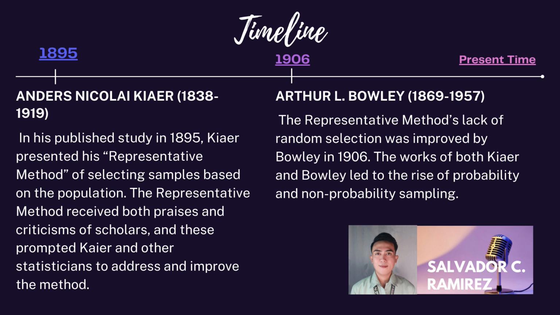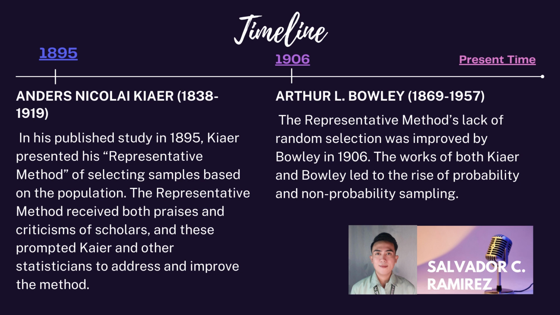And in 1906, Arthur L. Bowley, born in 1869 and died in 1957. The representative method's lack of random selection was improved by Bowley in 1906. The works of both Kiaer and Bowley led to the rise of probability and non-probability sampling.